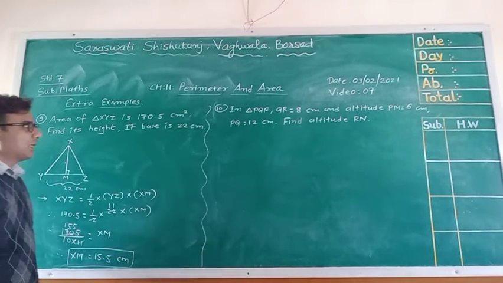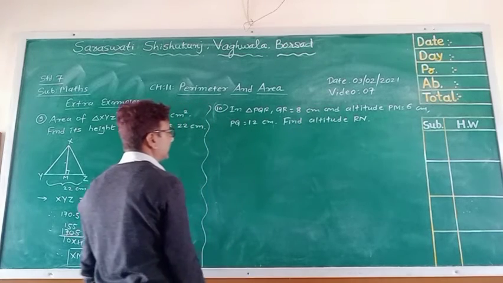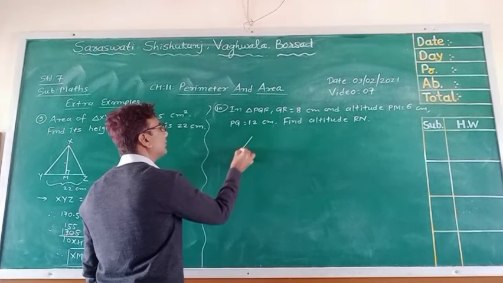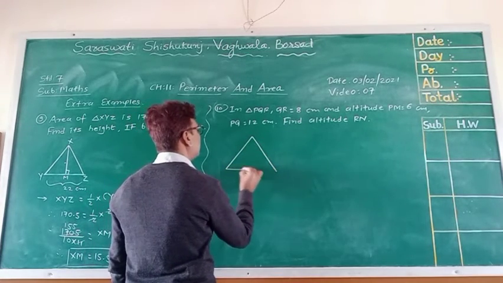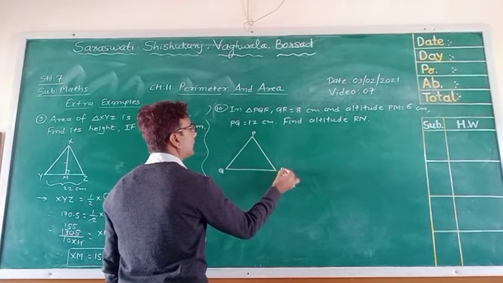Now in triangle PQR, QR equals 8 centimeter, altitude PM 6 centimeter, PQ equals 12 centimeter. Find the altitude PR. So first we will draw a triangle and give its name, PQR.